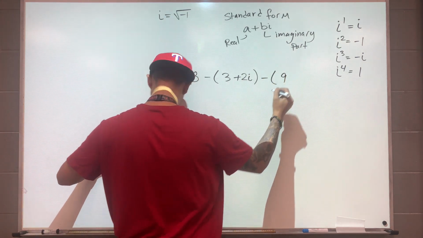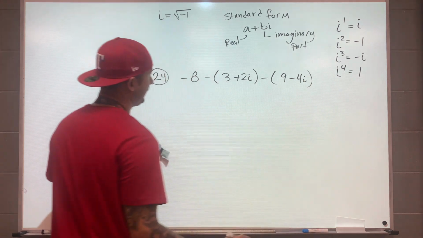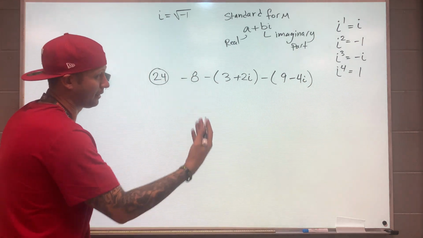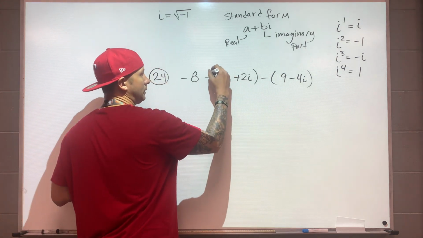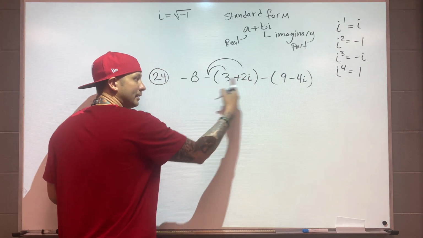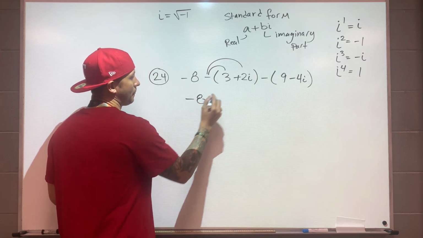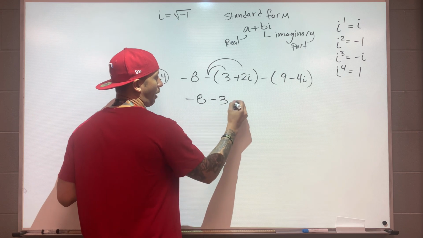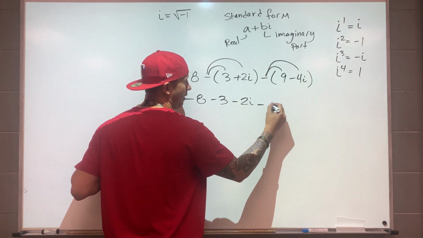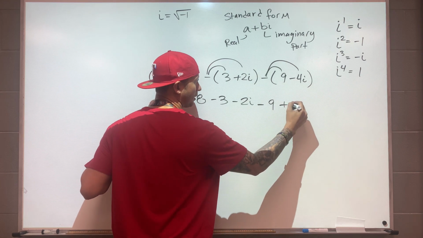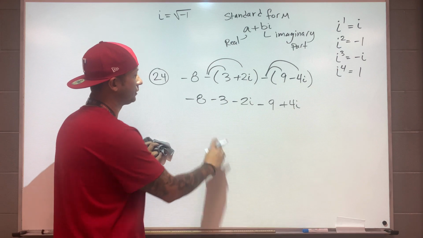Minus 9 minus 4. Okay, you can't just add like terms, right? This negative has to distribute, that negative has to distribute, or really these minus signs have to distribute, right? It's an operation. So negative 8 minus 3 minus 2i, distribute again, minus 9 plus 4i. Now we can combine like terms.